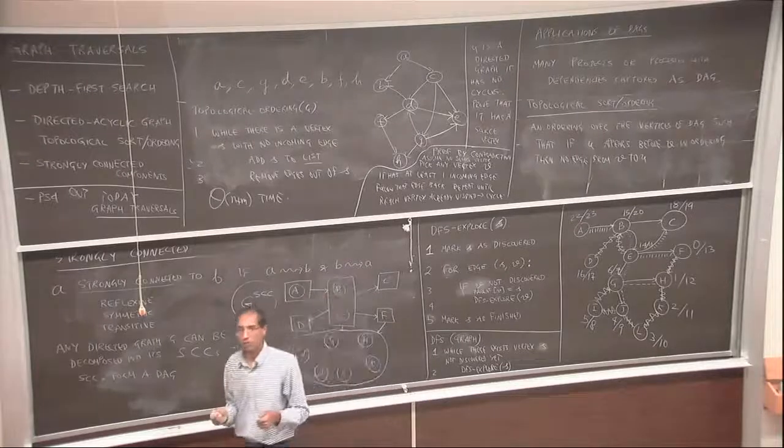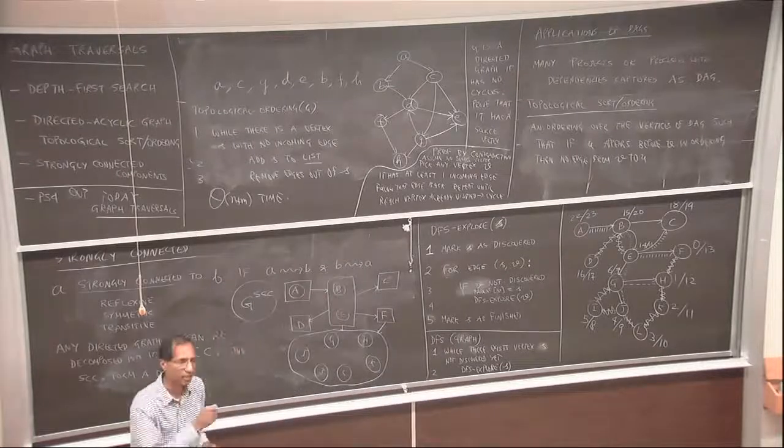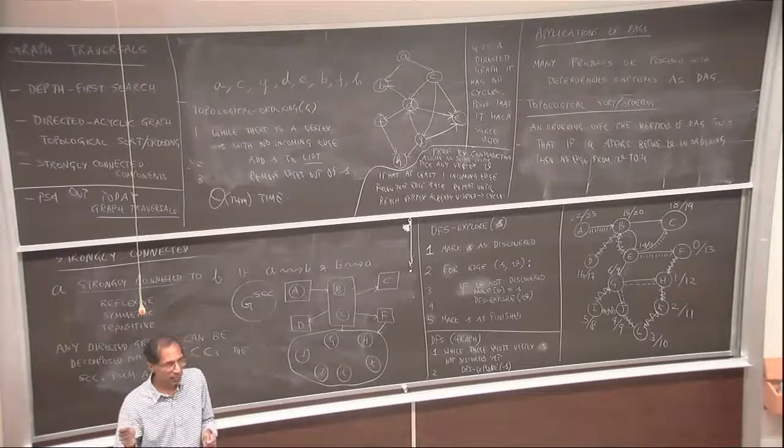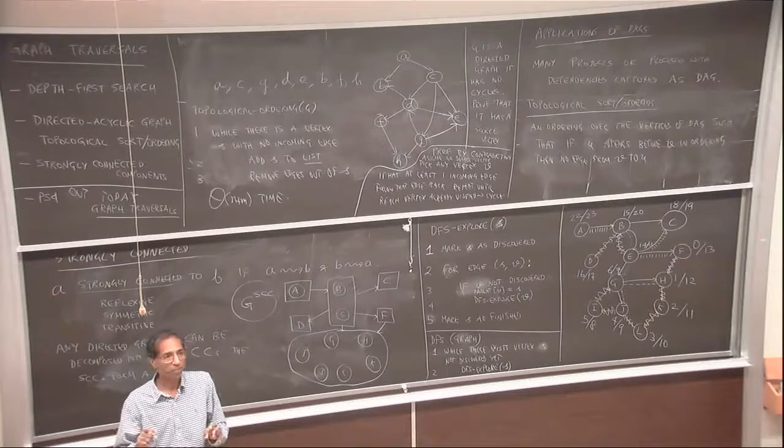Now I want to find out all the vertices that can reach A. What do I do? Run DFS for each other vertex, but can you do better than that? Well, here is a simple trick. How about I simply reverse the edges and run DFS from A?